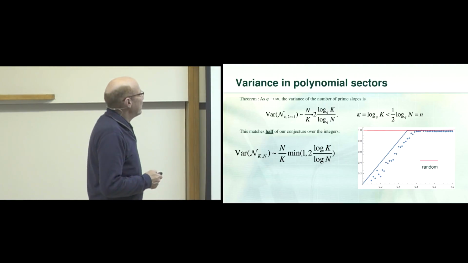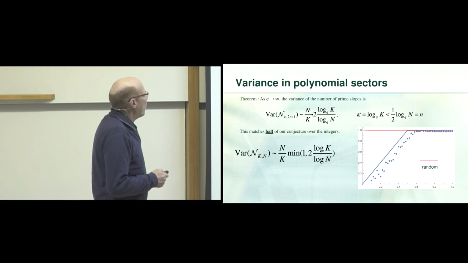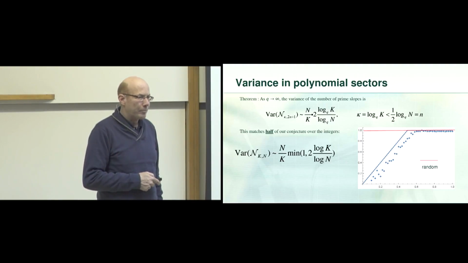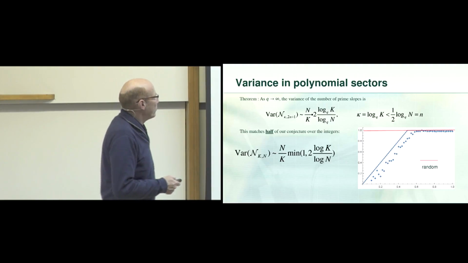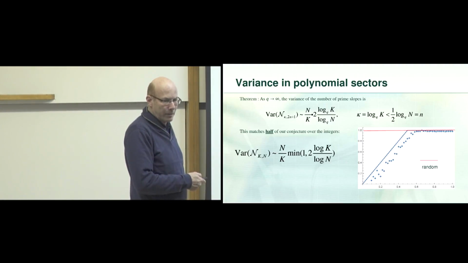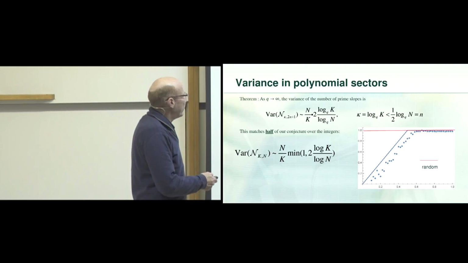And the answer is that we match our conjecture once you have a suitable dictionary set up. So what we match is this part. Even though the empirical data looks very lousy here over the integers, in the function field case we have a theorem which justifies this slope.